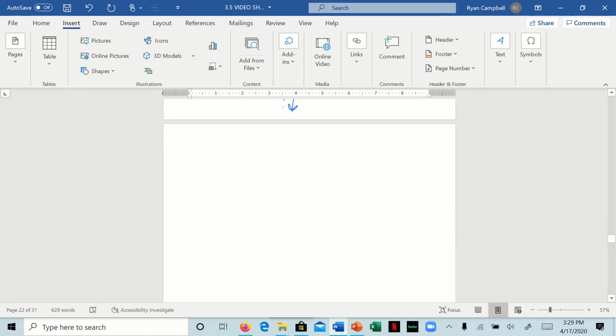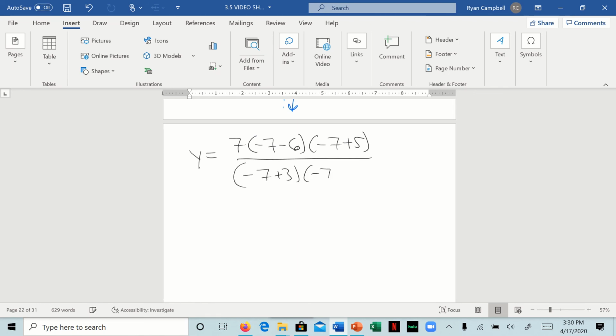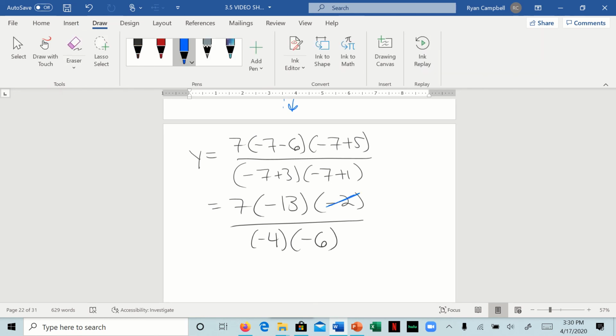So at negative 7, we have y equals 5 times (negative 7 minus 6) times (negative 7 plus 5) over (negative 7 plus 3) times (negative 7 plus 1). So we get negative 13, negative 2, negative 4, negative 6. And so if we do some quick calculations, we can just plug into the calculator.